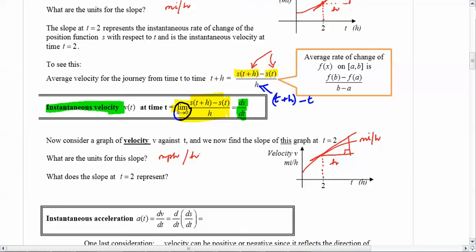And what does it represent? It represents the rate of change of the velocity at this time. And this rate of change of velocity has its own name. It is called acceleration.